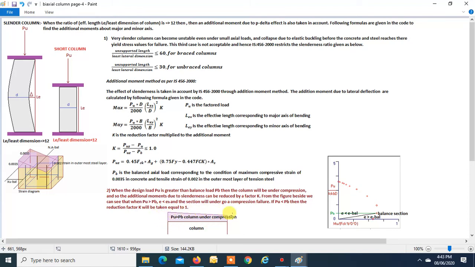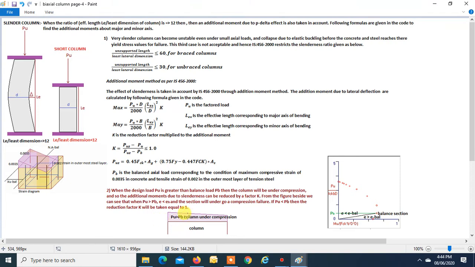It is obvious that when the column is under compression, its moment carrying capacity always increases. That is why, in such cases, the code allows us to multiply this additional moment with a factor k, which will reduce the moment, because the whole column is under compression when your design load is greater than balance load.